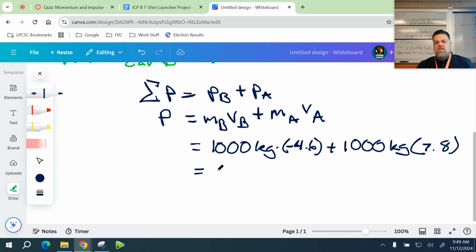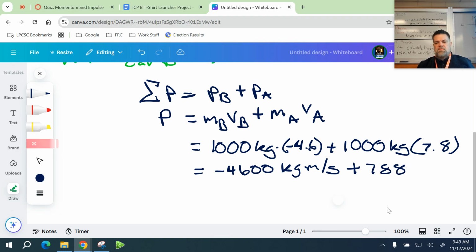So then this gives me a negative 4,600 kilogram meters per second, and this is a positive 7,800 kilogram meters per second.